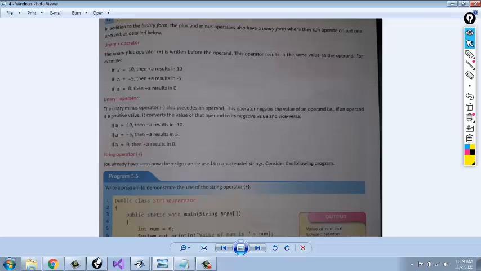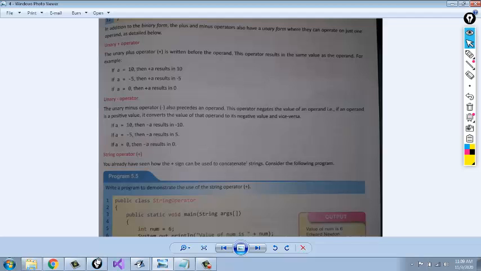See, the actual value was 10, and after performing this minus a operation, the result is minus 10, negating the value, isn't it? Then if a is equal to minus 5, minus a will be 5, because this unary minus operator negates the value. Then if a is equal to 0, minus a results in 0, because minus 0 and plus 0 will not make any difference, both are the same.